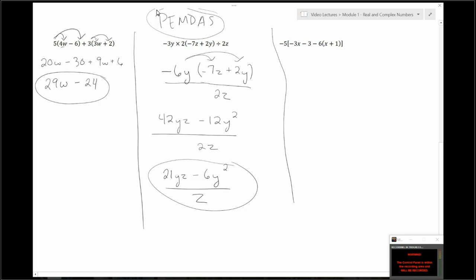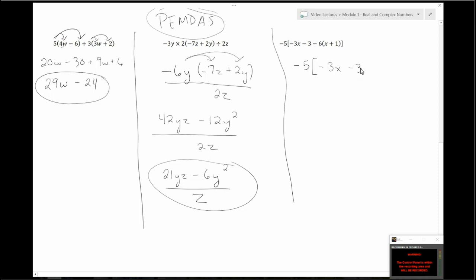Now this last one is something more like you would see on the Mastery Moment when we're testing on this module. We have multiple parentheses, because in this case this bracket is going to act as a parentheses, and the order may or may not come into play. So I have negative 5, negative 3x minus 3.